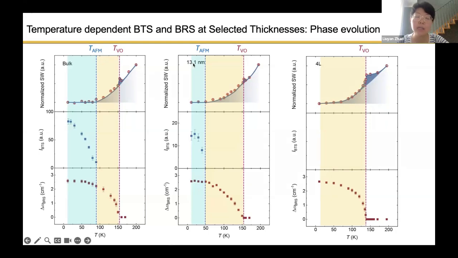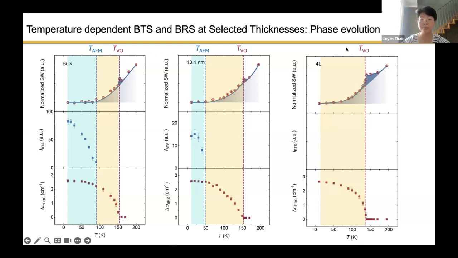In the 13 nanometer sample, we also have 3 regimes, but we can see that the FM temperature actually got much lower. It shrinks from 90 Kelvin in the bulk to 50 Kelvin in this 13 nanometer sample. And then down to the 4 layer, we actually no longer have this FM critical temperature. Even if it were there, it has to be lower than our lowest temperature of 10 Kelvin here.